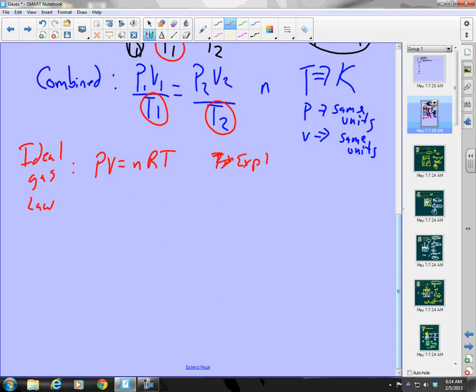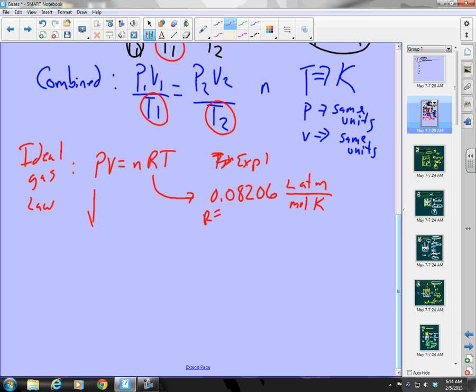Got it? Now, this is R, and R is 0.08206. Now, there are other values of that, but I like 0.08206. And here's what's important: the units. It is in liter atmospheres per mole Kelvin. So R equals 0.08206 liter atmospheres per mole Kelvin. But what does that mean?